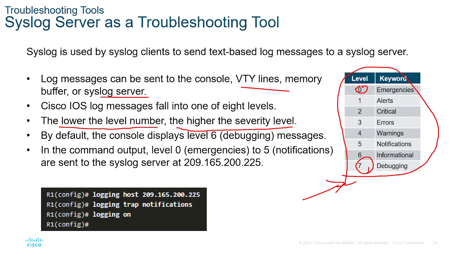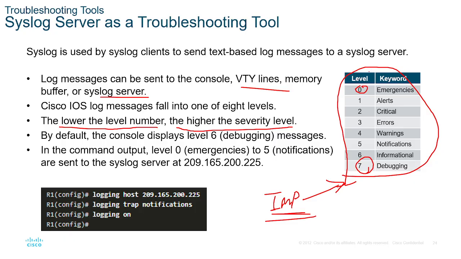Now, the syslog server is a troubleshooting tool. This one is important because in previous exams, these were asked. Syslog is used by syslog clients to send text-based log messages to a syslog server.